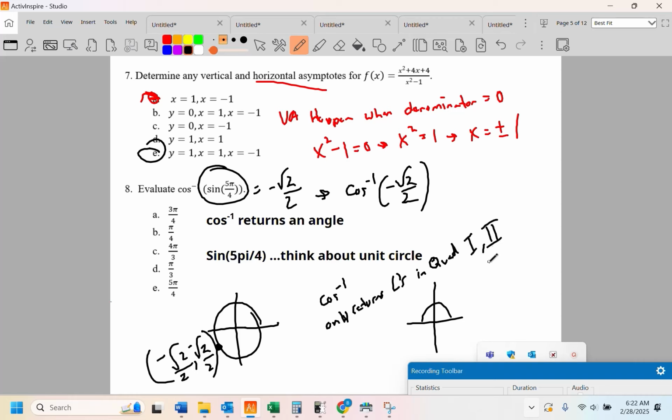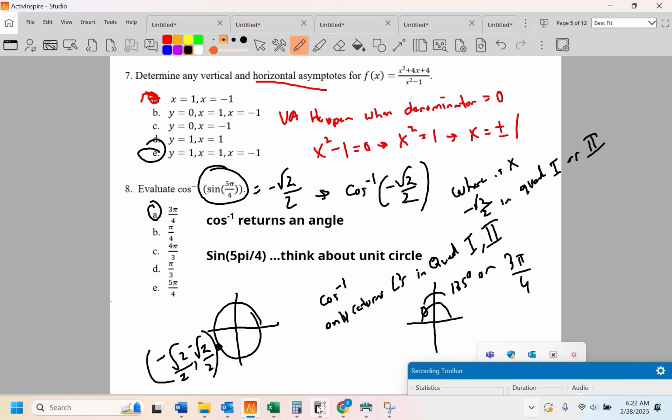See, you're not allowed to have a TI-84. If you were, you'd be in business, because this would be a super easy problem. So now it becomes, where is x, negative root 2 over 2, in quadrants 1 or 2? And the answer is right there at 135 degrees, or 3 pi over 4.